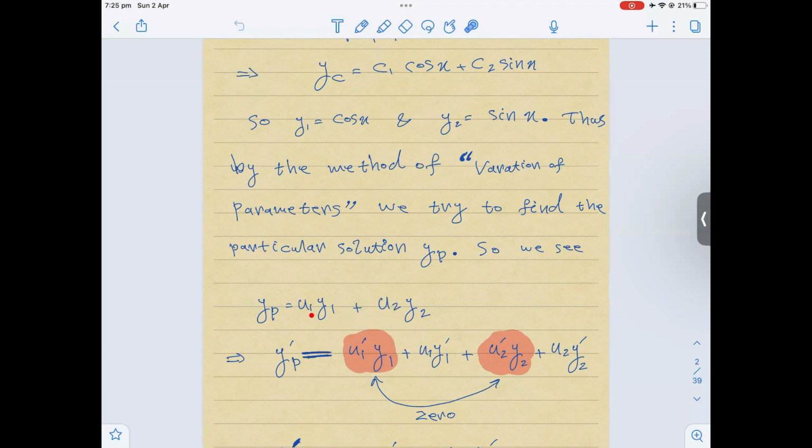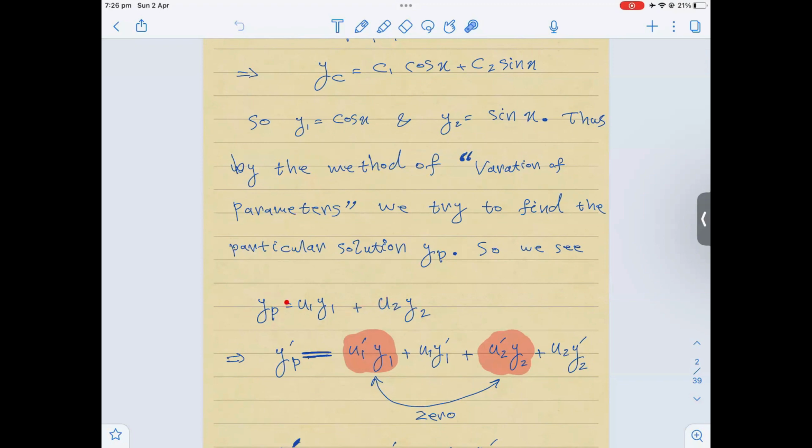In fact, in the constant coefficient second order case, u1 and u2 were constants, so their derivatives u1 prime and u2 prime would be 0. Here, instead of constant numbers, we will have functions, but the assumption that u1 prime y1 plus u2 prime y2 is 0 still holds.